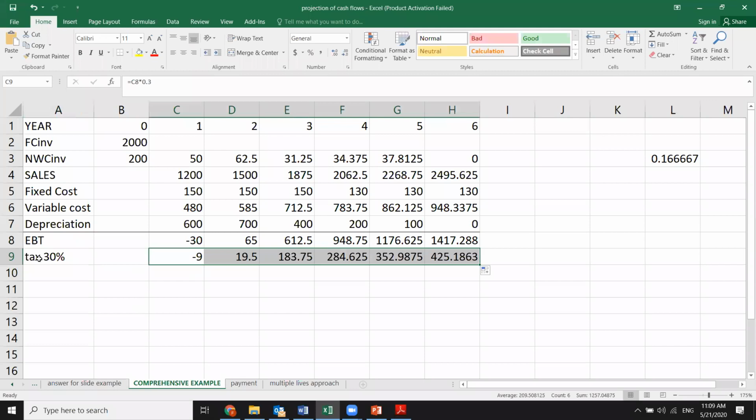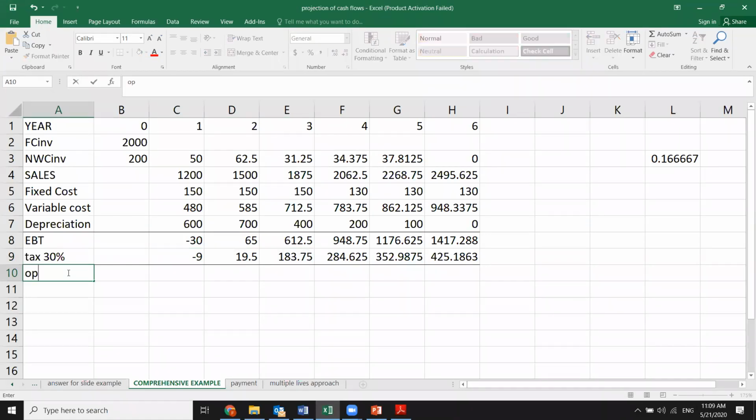So what we do in here, we need to subtract everything to get operating income after tax, or earnings after tax.